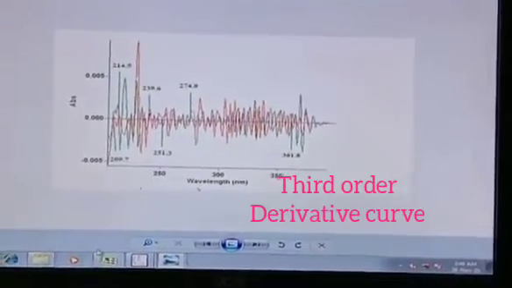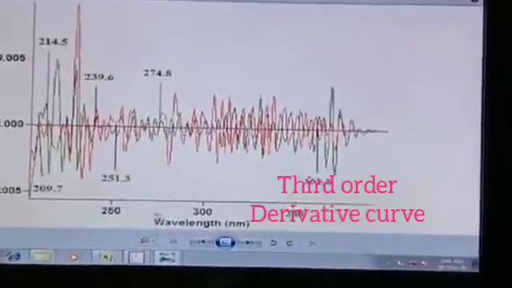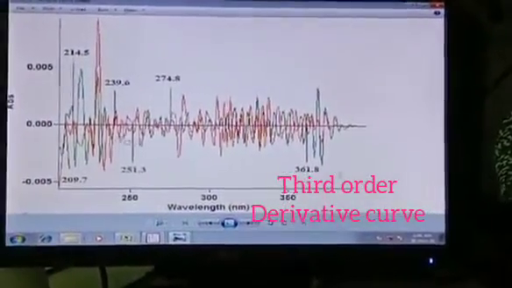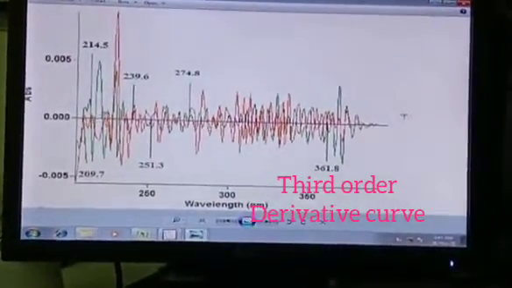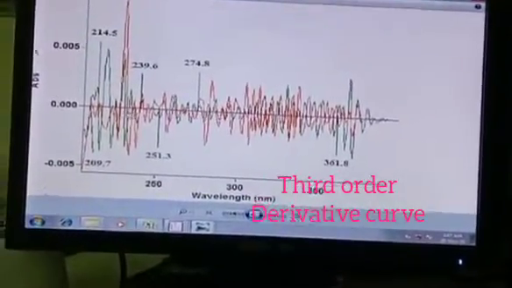So this is the third derivatized curve. You can see here it is more clear than the previous one. You can see the red lines and green lines clearly crossing over the 0 line.